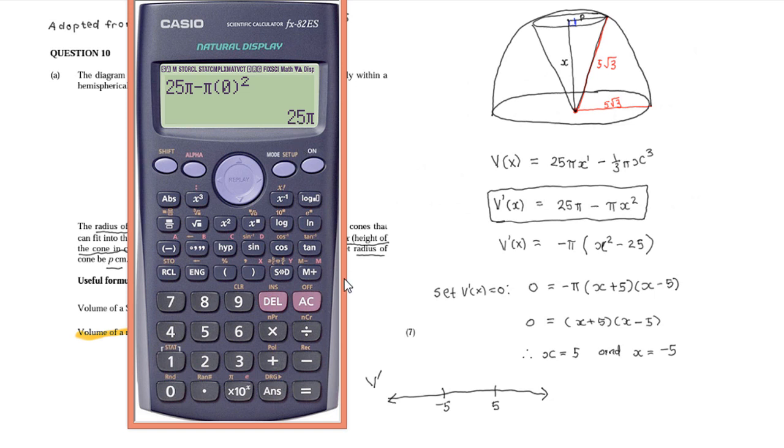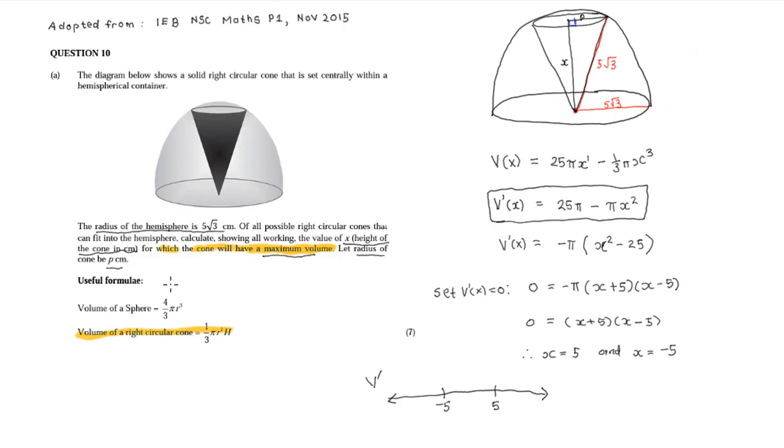Okay, you can see we get a positive result. And for the last open interval from positive 5 to positive infinity, let's choose a test value of, say, 12. Okay, and we see we get a negative result.